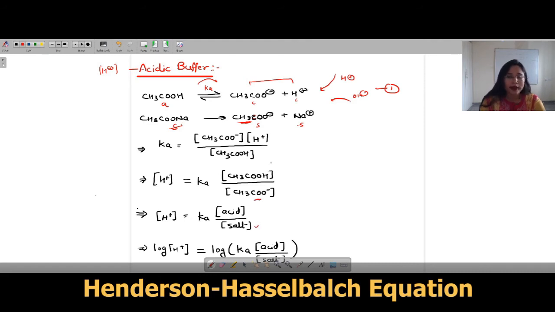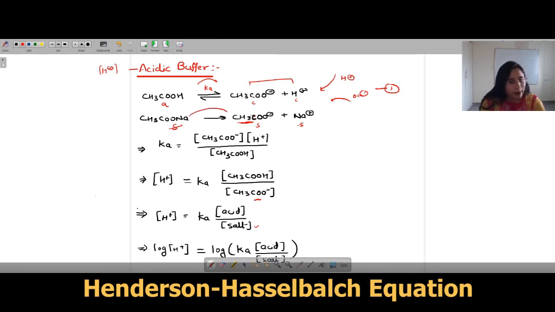Students, it's one important thing: I am replacing the acetate ion with the salt concentration. Why? Because we get acetate ion in a good amount from the salt, not from the acid.